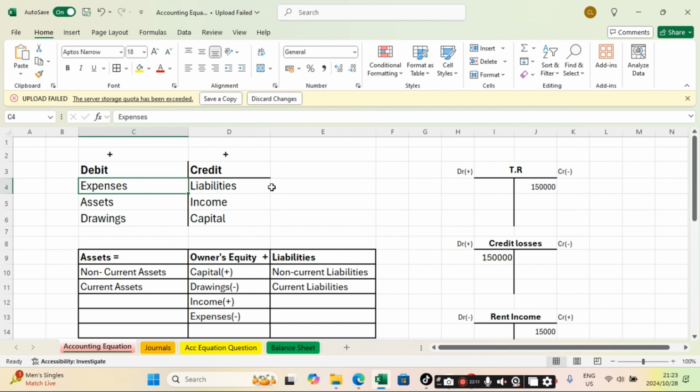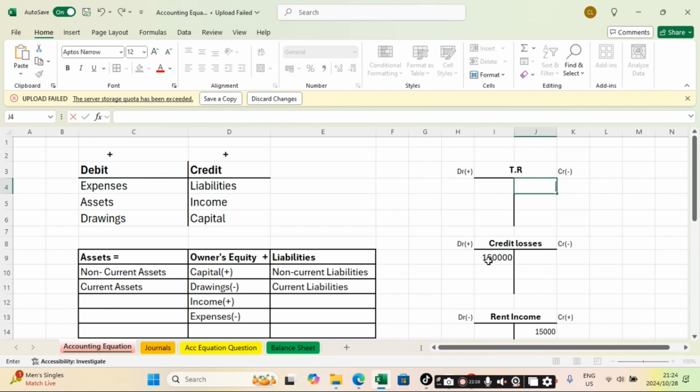How do we know that? When you're doing your income statement, guys, your credit losses fall under other operating expenses. So it is an expense to the business. Okay, straightforward. So now we know our two accounts that will be affected.